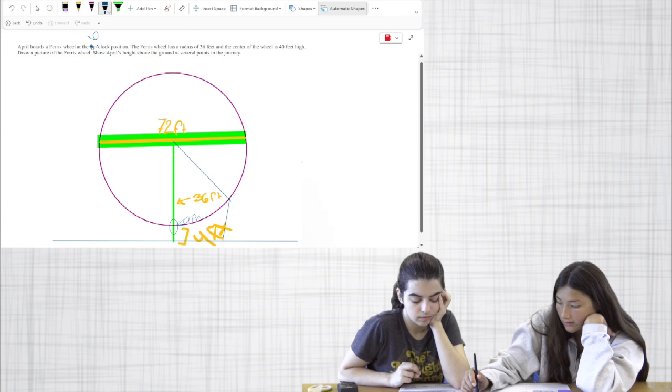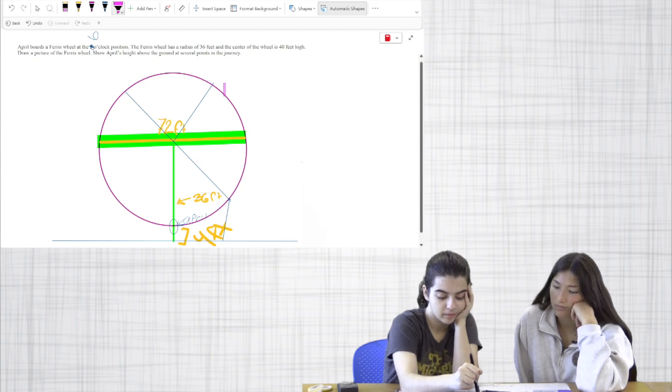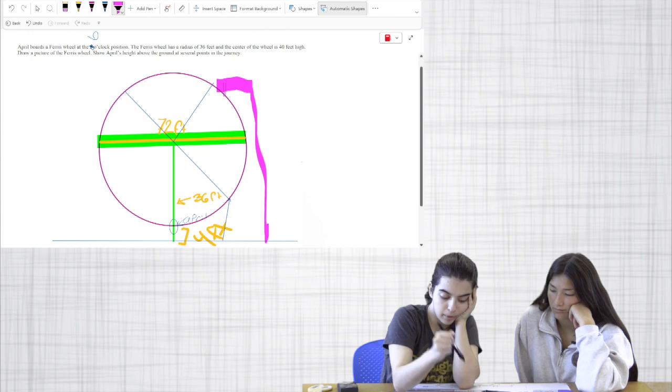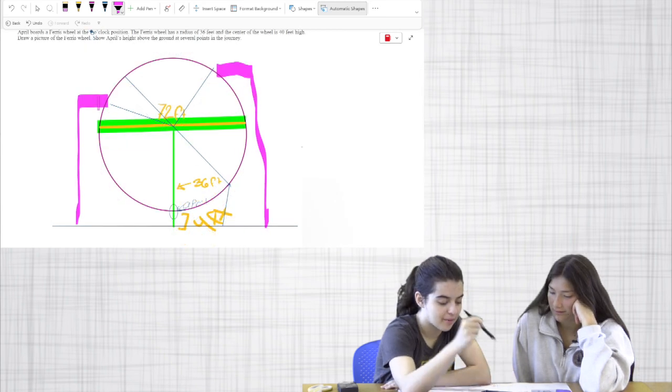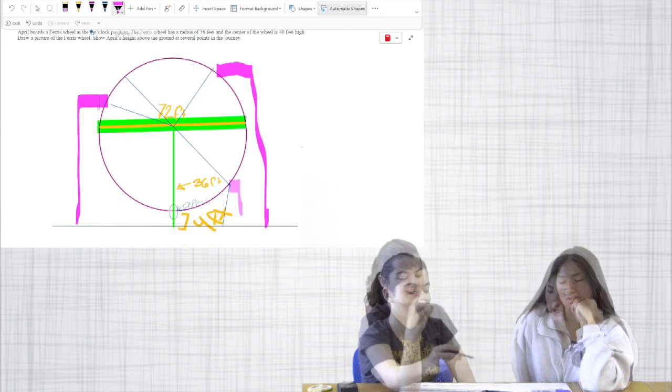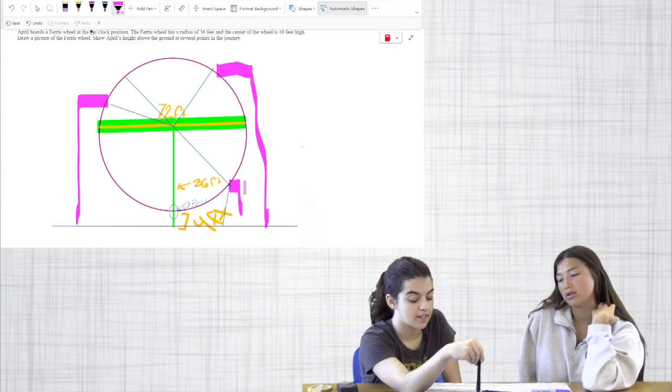The students will now mark in April's height at several points in her journey. Here she's just starting out.